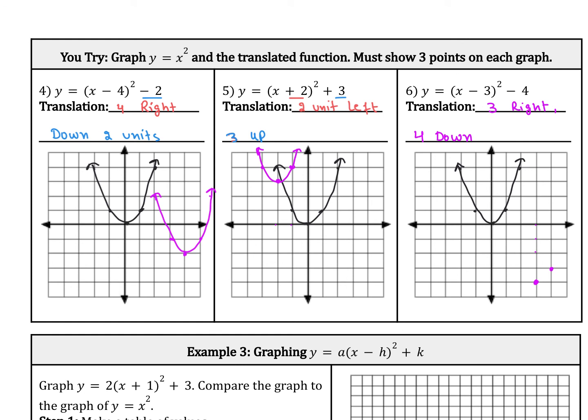Follow the pattern 1, 1 and 2, 4, combine them, and you're going to get the graph that is moved 3 units to the right, 4 units down from the original graph.